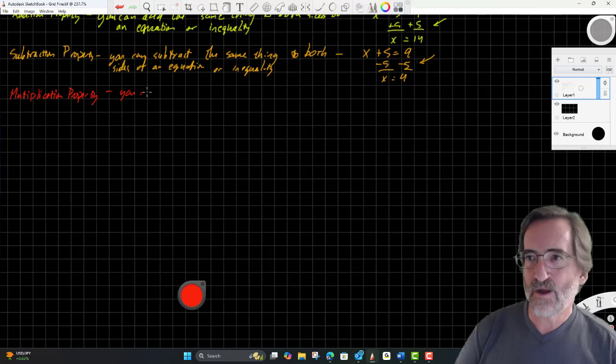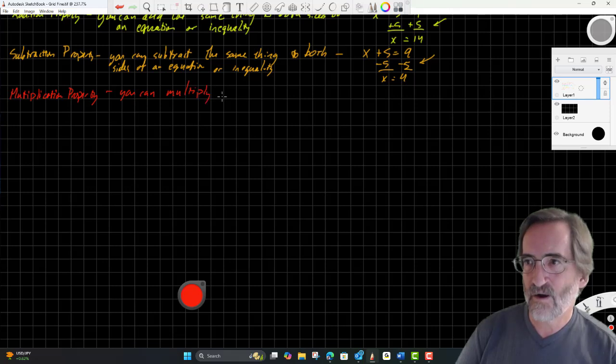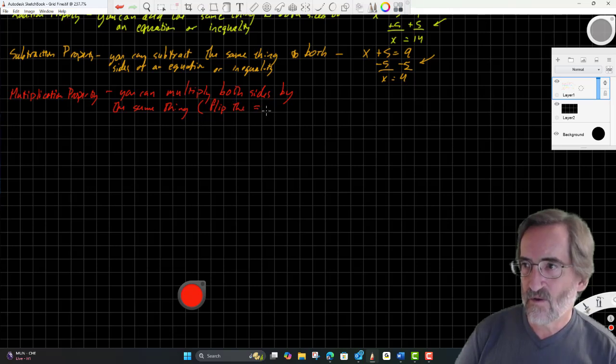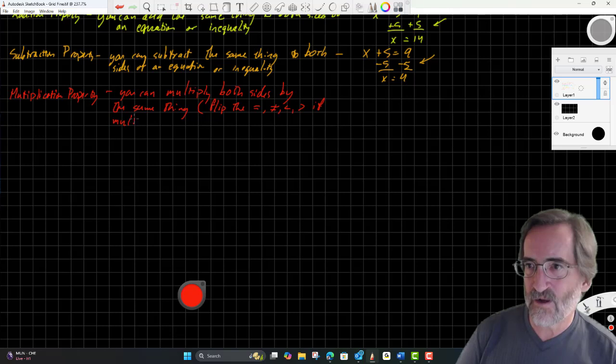Okay, you can multiply both sides by the same thing. However, if you multiply by a negative, flip the equals, not equals, less than, greater than, if multiplying by a negative.